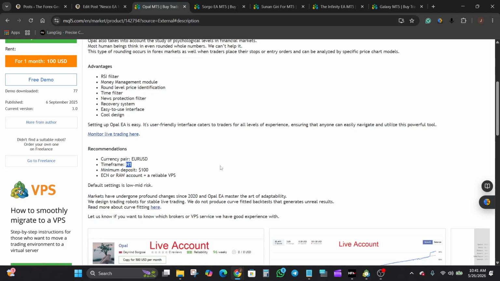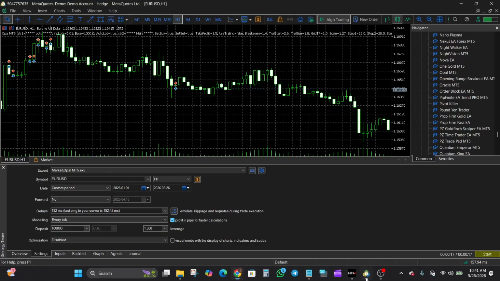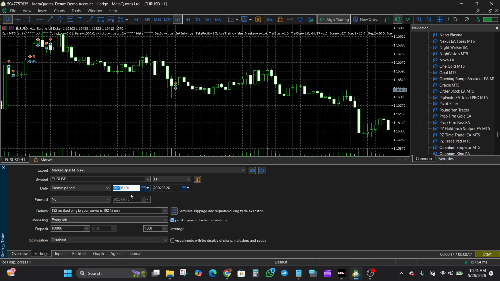Now I'm just going to shift into the historical backtesting section to see how the EA behaved under past market conditions. All right, so testing the Opal EA on Euro USD on the H1 time frame. And as you can see, the test was run from the beginning of this year, 1st January 2026 till date, so that we can capture reasonable data for the backtesting.